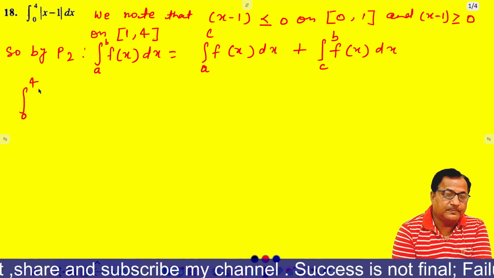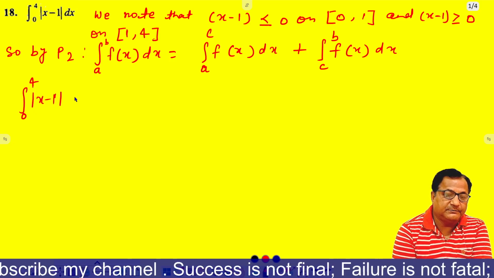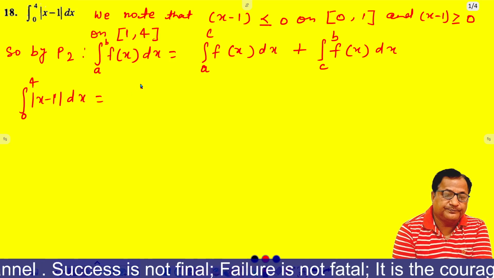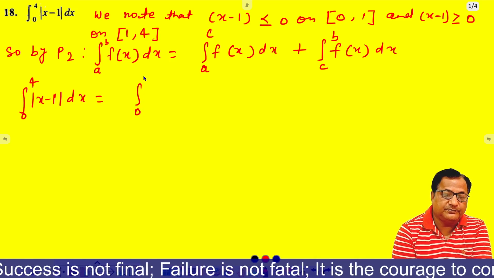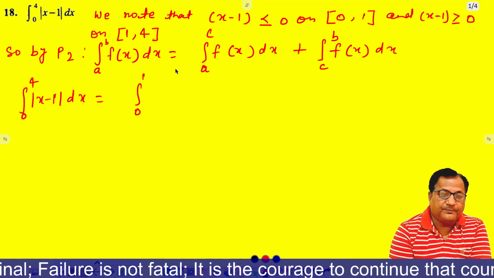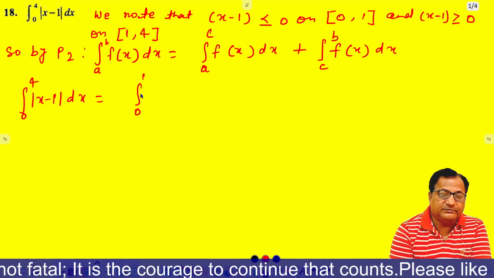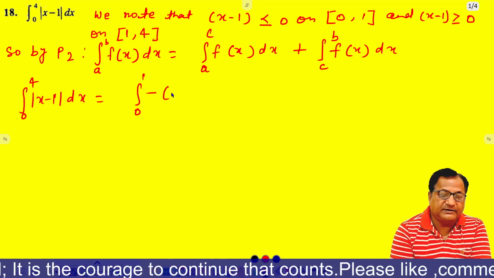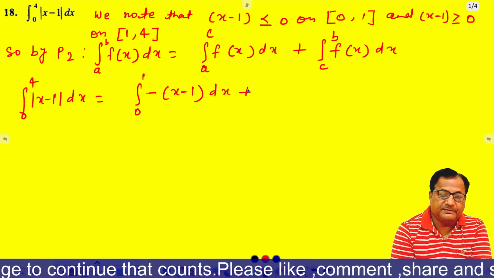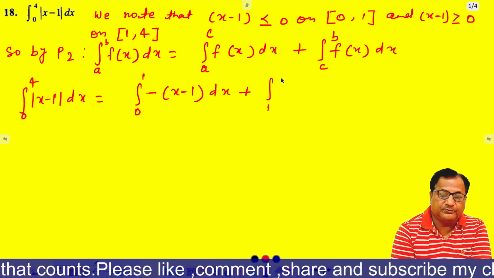The integral from 0 to 4 of |x minus 1| dx equals the integral from 0 to 1, and this is negative. x minus 1 is less than or equal to 0, so we'll write this as minus (x minus 1) dx, plus the integral from 1 to 4.